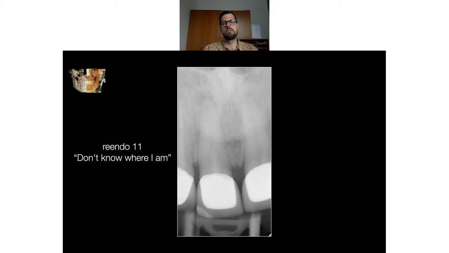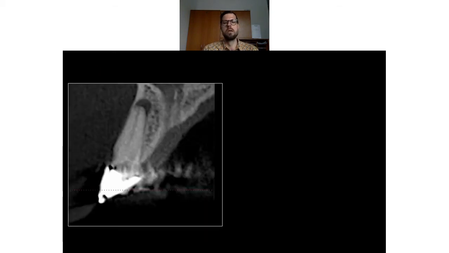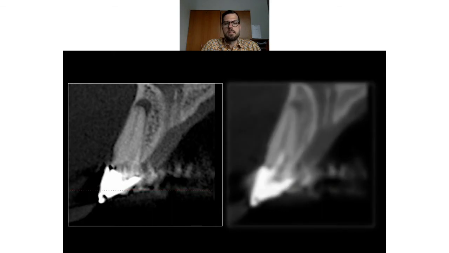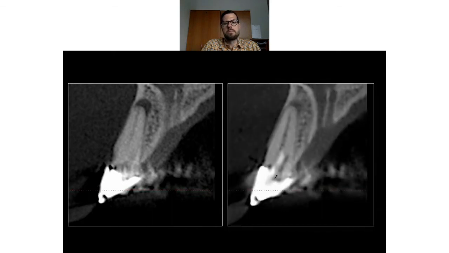From this point of view that was not so smart, but at this time I didn't have the CBCT. So I tried to do the re-endo because now, after 7 or 8 years, I'm a big doctor. So I tried, and look where I got. So the second time I was wrong. So I couldn't find the root canal.